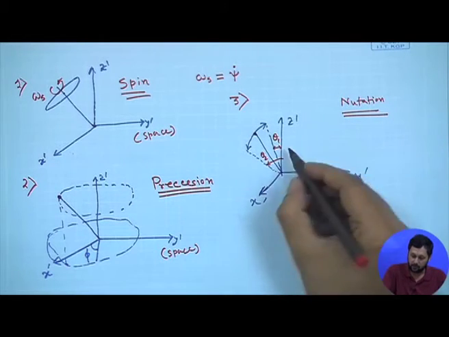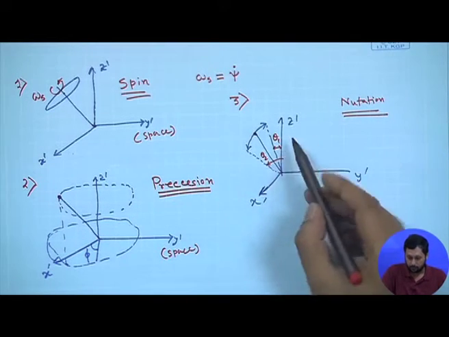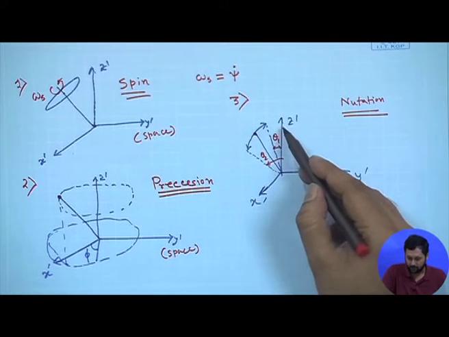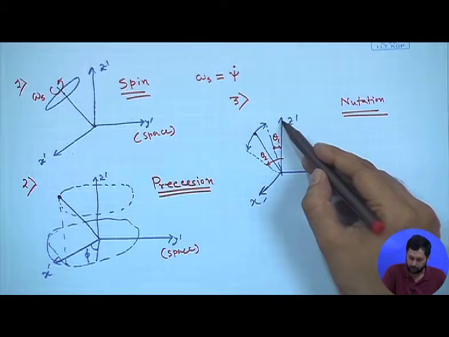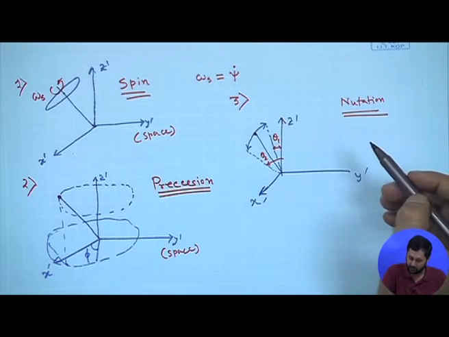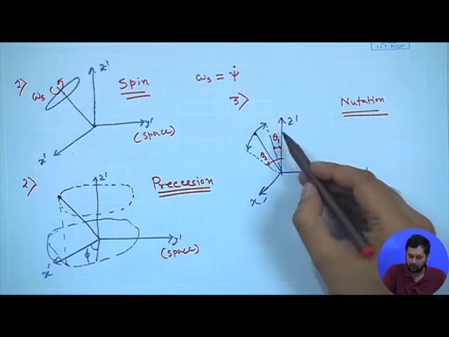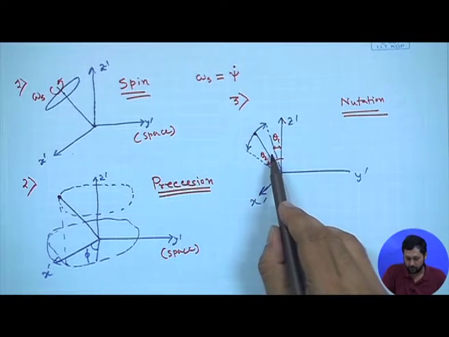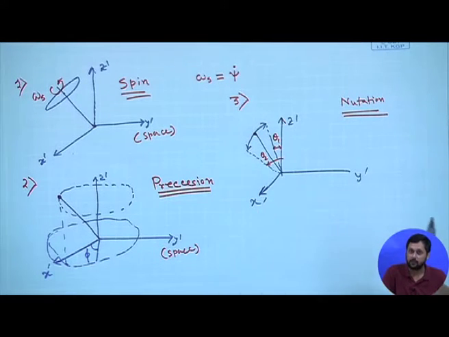So, essentially this axis can move up or down with respect to again the space z axis. That means it is a motion which is well represented by the motion of the second Euler angle, which is theta. Okay.